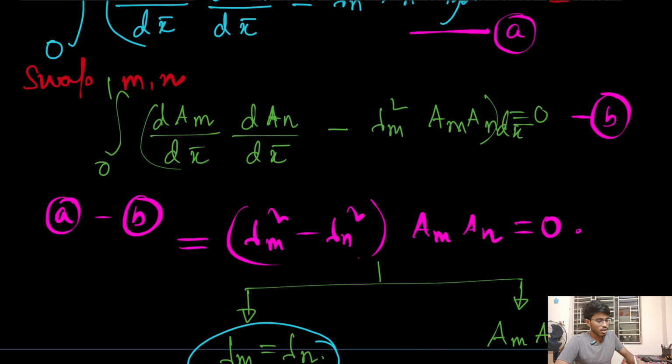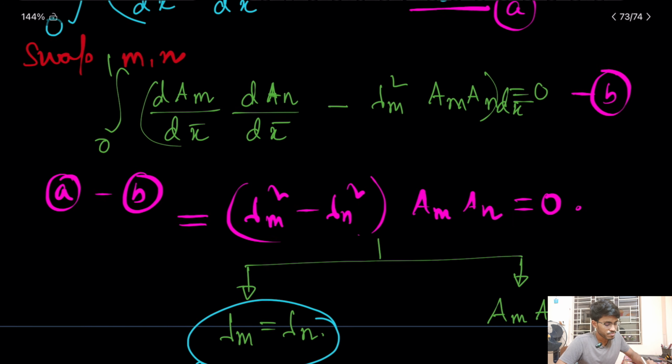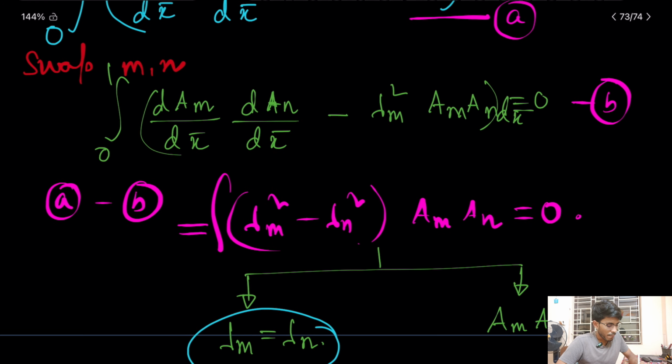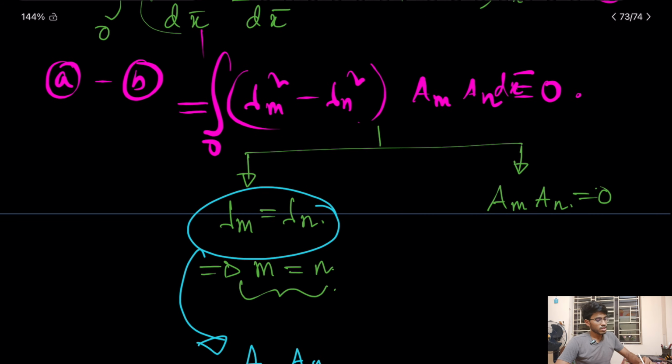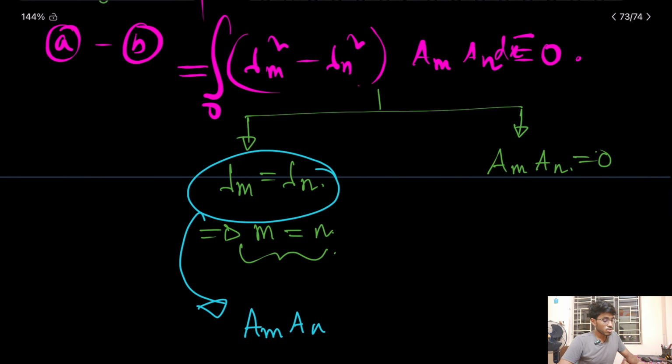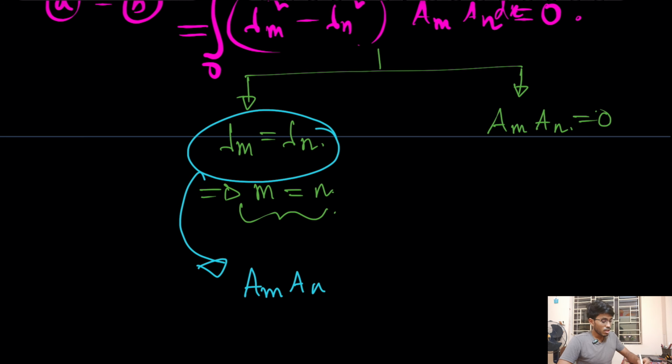I am not omitting the integration, so the integration remains as it is. So now this is 0 if m equal to n, this is one option. If m equal to n, then lambda n minus lambda n square is 0, then this is not equal to 0.